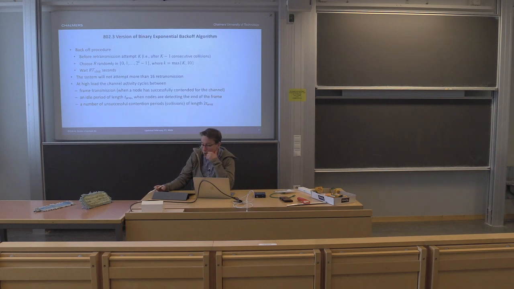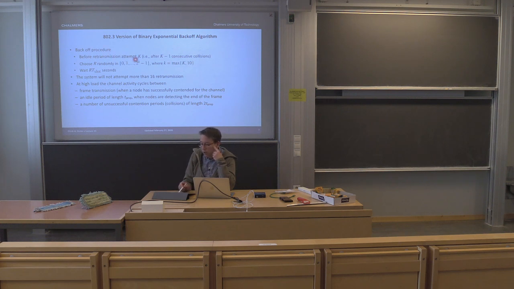Okay, so this binary exponential backoff, how does that work? Well, we talked about binary exponential backoff before, so it's essentially the same. The only difference here is that after a while, we don't increase the backoff window anymore. So the backoff procedure is like this.